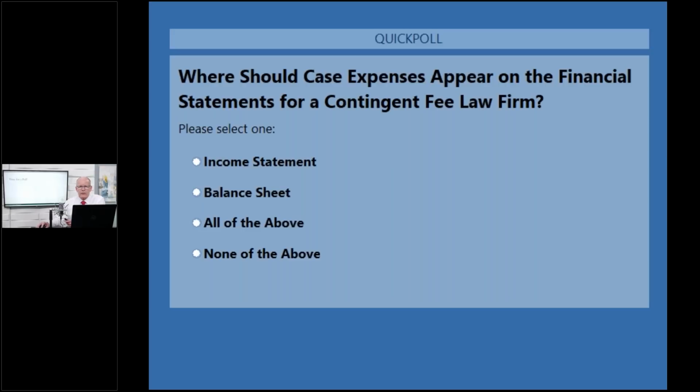It's anonymous, so I won't know which way you voted, and we'll give you just another moment or two. Just pick one. There's no penalty if you get it wrong. Okay, great. I'm going to close it out now.